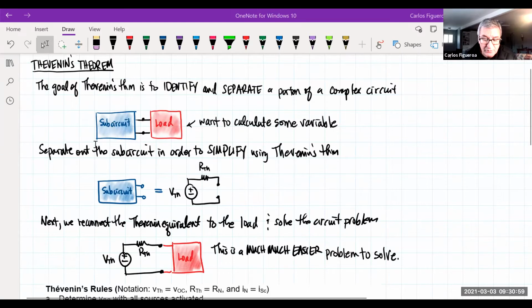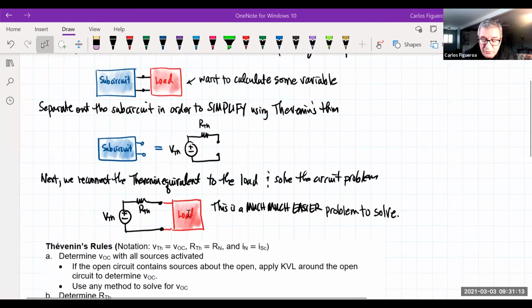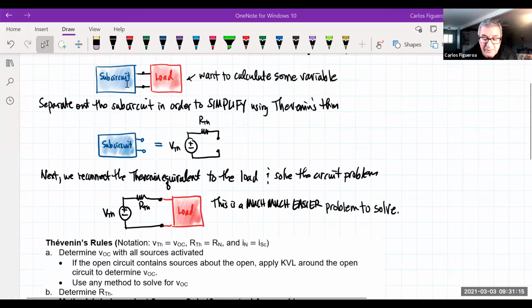So what you end up doing here is that you separate the subcircuit, and then you apply Thevenin's theorem to get a Thevenin equivalent circuit. Then we take this, since it's the equivalent, we take this Thevenin circuit and we reattach it to the load. And when you compare the first circuit to this circuit, this is much easier to solve. That's the whole idea.